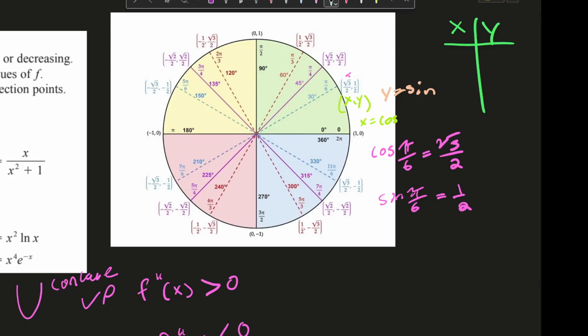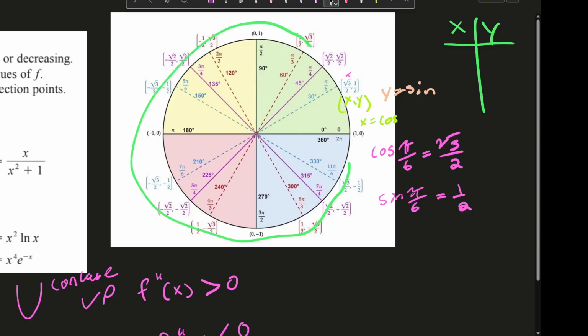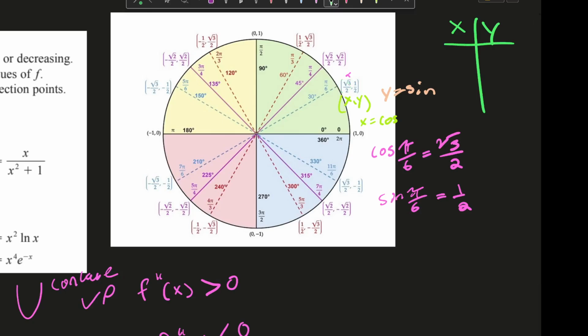So if you wanted to look at the cosine function changing over the interval of, say, 0 all the way around the circle back to 2 pi, you could just look at the x coordinates of these little ordered pairs.